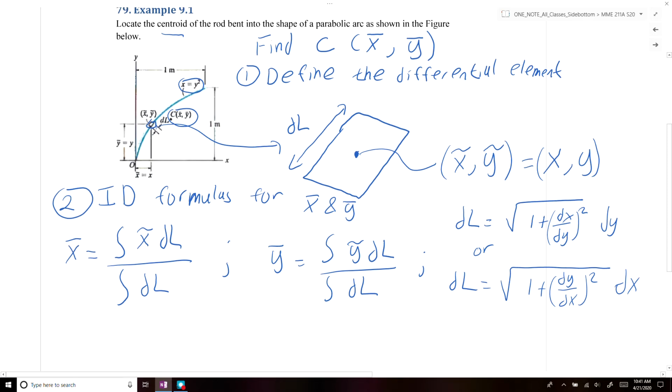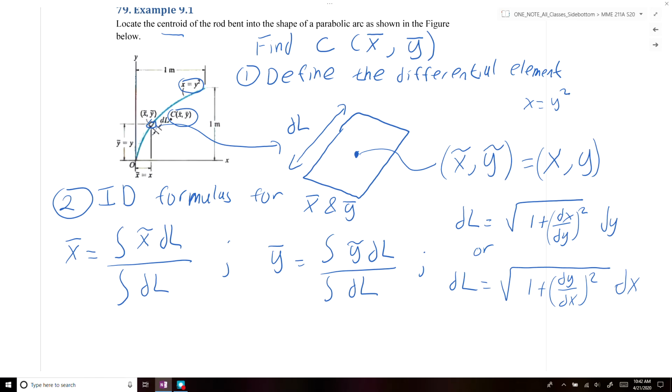In our case, our relationship is x is equal to y squared. So if we took the derivative of x with respect to y, that's going to be a lot easier of an integral to evaluate.